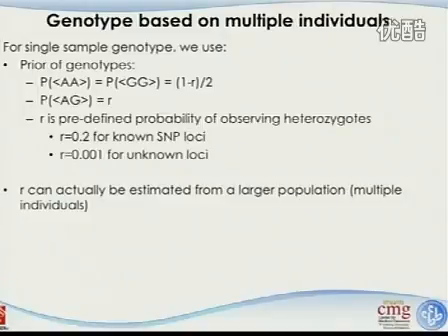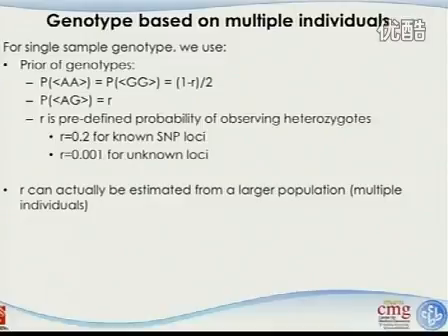R can actually be estimated from a larger population. Think about the 1,000 Genome Project. Yes, for each individual we have only 4x coverage, but we have 1,000 individuals. For a larger population, this data can really help us estimate R values, so we don't arbitrarily define one, and this R value can be optimized as well.